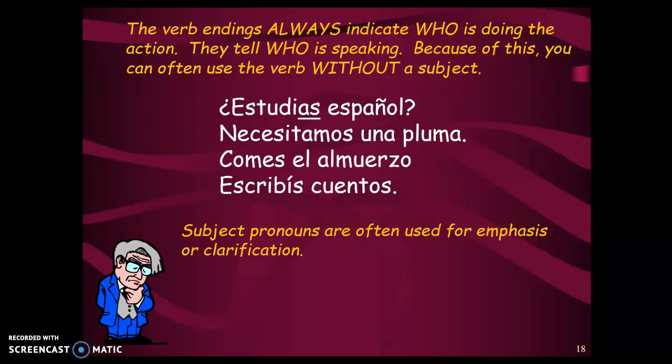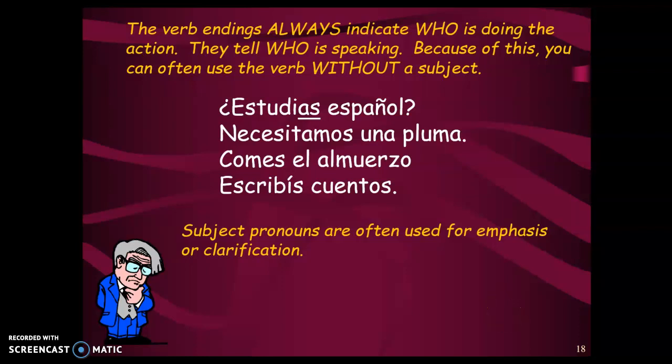Necesitamos una pluma. Remember the amos ending is for nosotros. That means we need a pen. Comes el almuerzo. Es is from the ER ending verb and is for tú. So, tú comes el almuerzo. Escribís cuentos is for vosotros in the IR verb. So you know it's vosotros escribís cuentos.